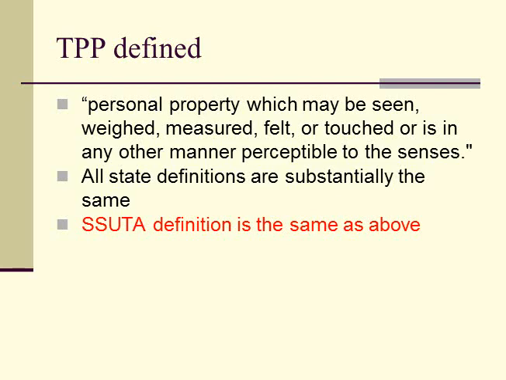Notice that this is exactly the same definition as the Georgia definition. This correspondence of the two definitions testifies to the nominal agreement among the states as to a common definition of tangible personal property.